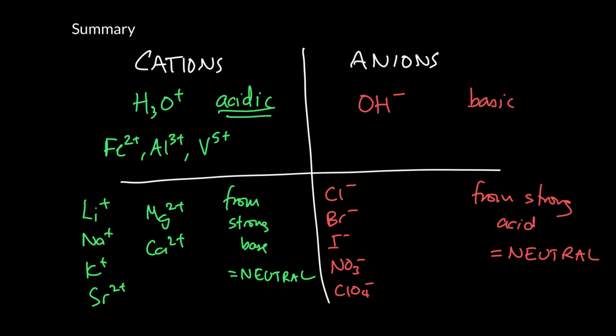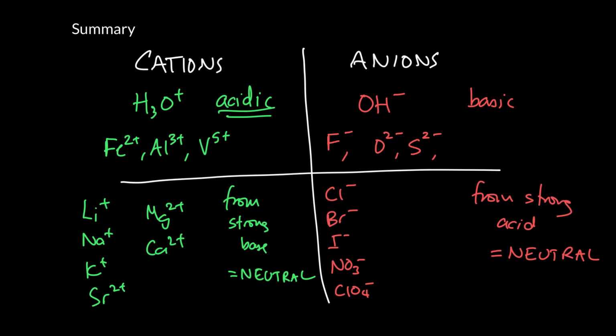So we've already remembered, the hydroxide ion is the classic archetypal basic ion. But everything else on that list, like fluoride ion, comes from hydrofluoric acid, which is weak. How do you know that? Well, you just know it's not one of those 6 strong acids. Any other anion is going to be basic. So things like the oxide ion, that's going to be quite basic. The sulfide ion, that's going to be quite basic.